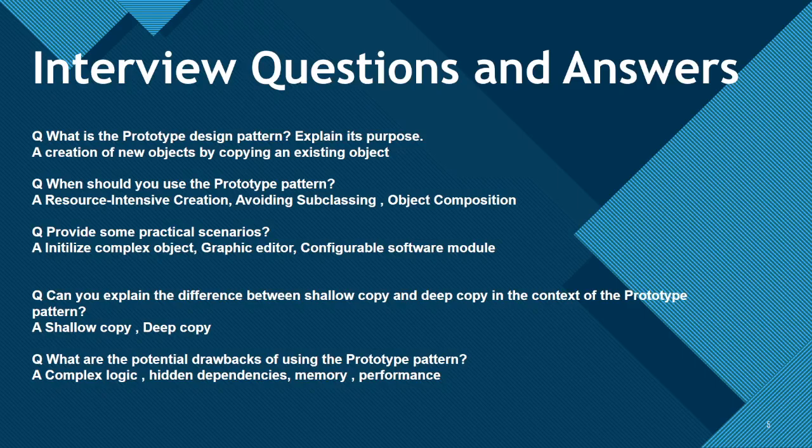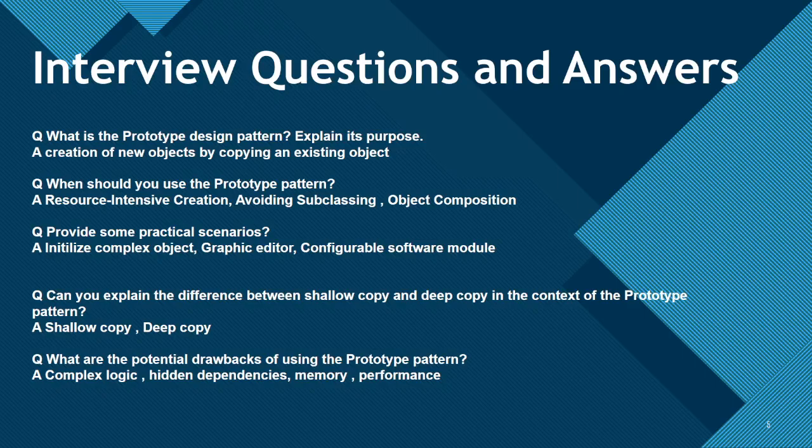Next question can be, can you explain the difference between shallow copy and deep copy in the context of prototype pattern? So as we have seen in our example, in a shallow copy, the cloned object is a new instance, but it shares references to the same object that the original object refers to.